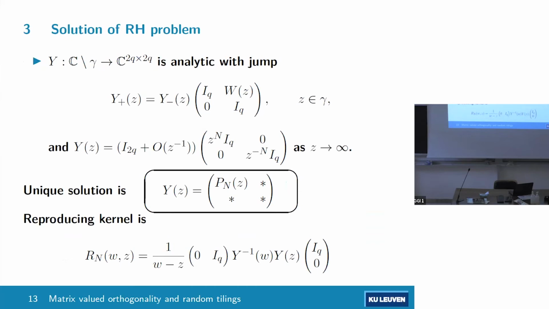But the reproducing kernel is given in terms of this solution of the Riemann-Hilbert problem as well, and again also with its inverse in this way.